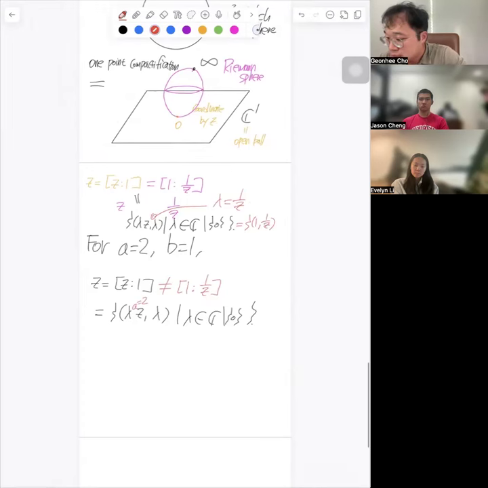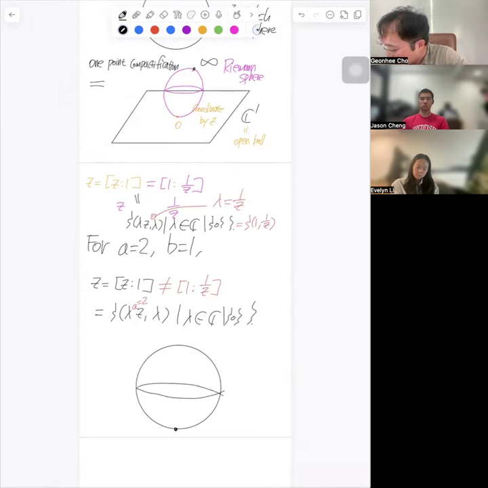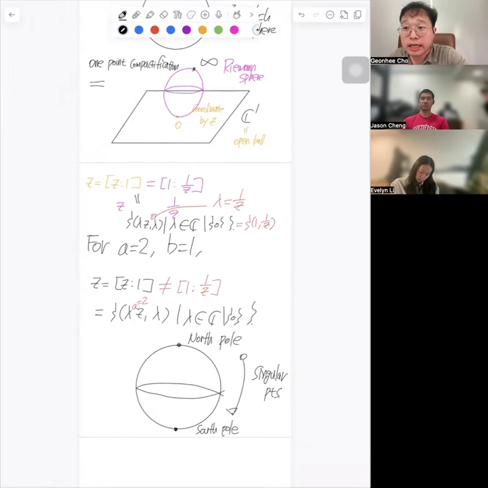So that causes the following issue. So if you still draw the sphere, this still is allowed, but now you have a south pole and north pole. These two points become singular in a sense that there's no way to find a small neighborhood.